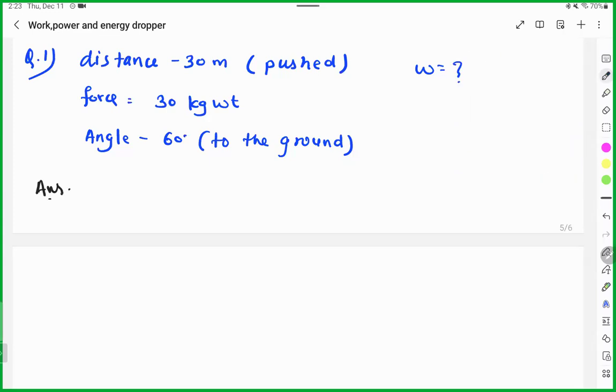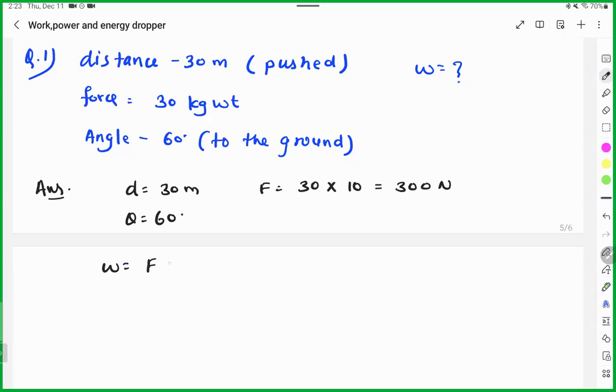The answer is, we know displacement is 30 meters. Force is equal to 30 kg weight, which is also equal to, you can multiply with the 10, you can take 300 Newton. And the angle is 60. Just simply multiply.